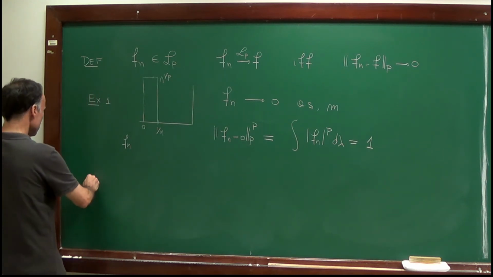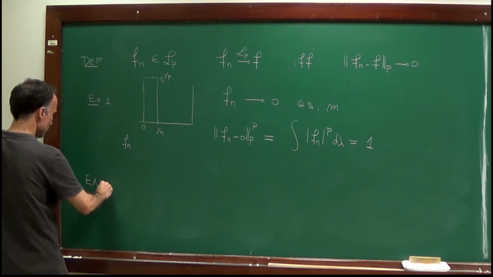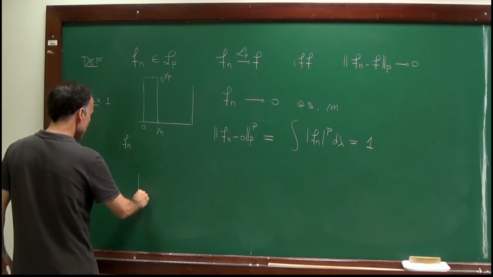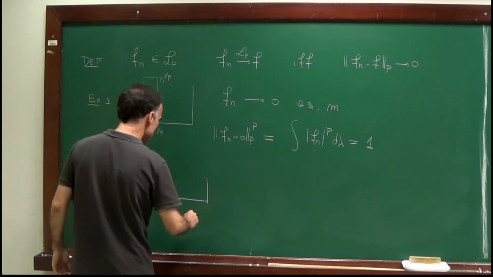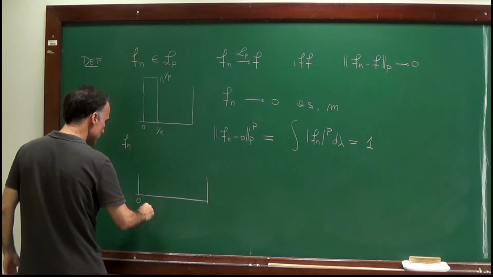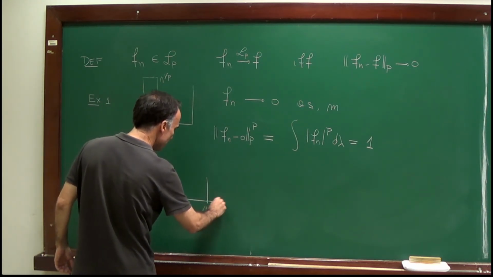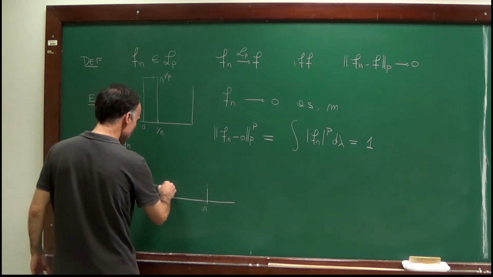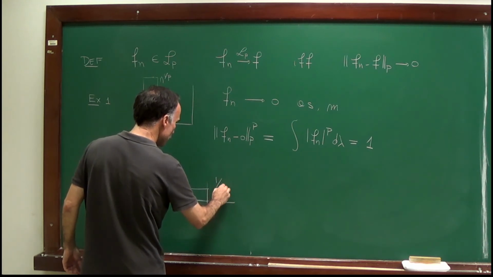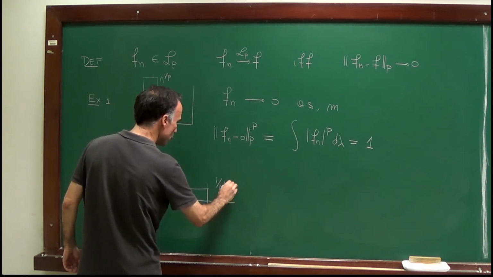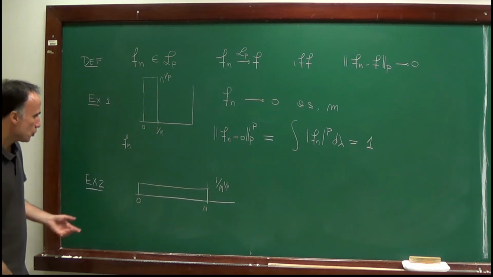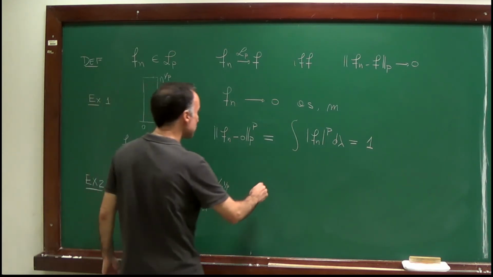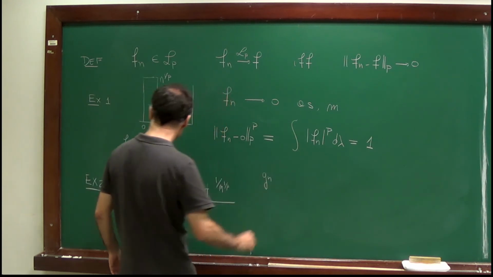A second example, it's similar to the previous one, but now we'll take a function which in the interval 0, n is equal to 1 over n to the power 1 over p. So now, let's call this sequence gn.